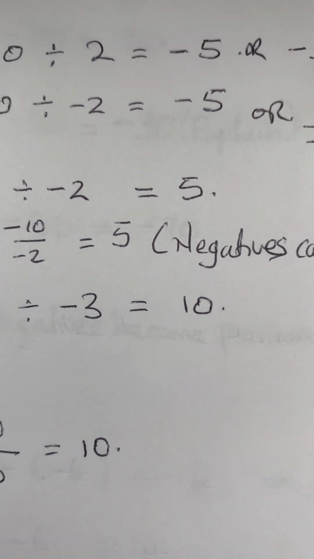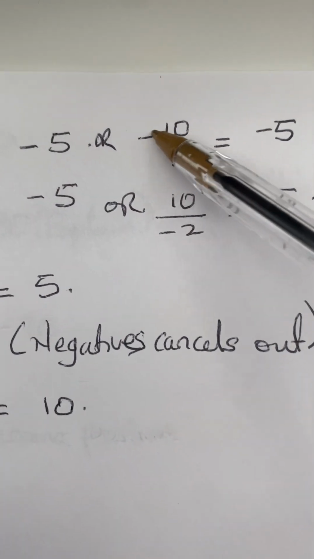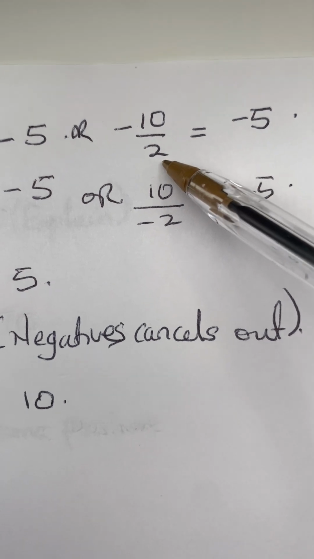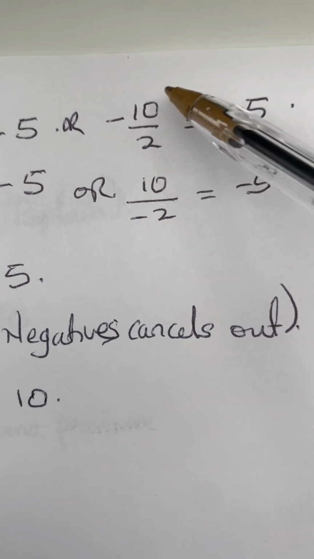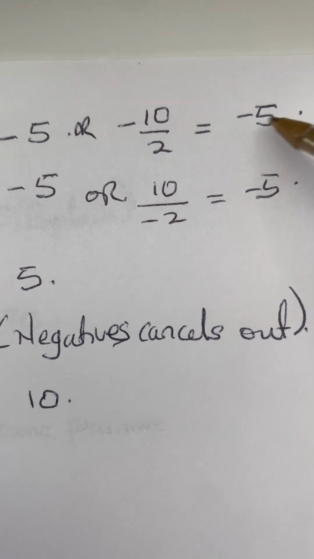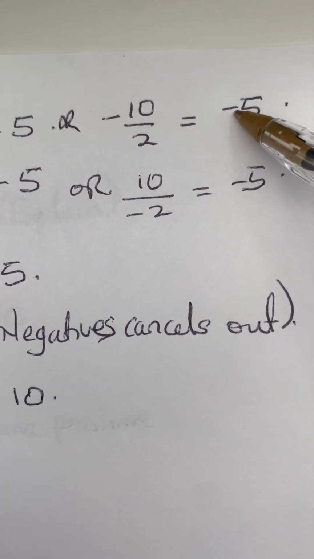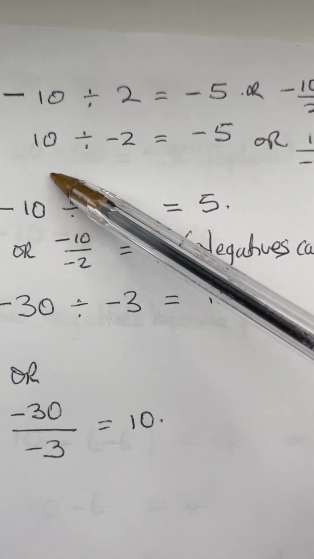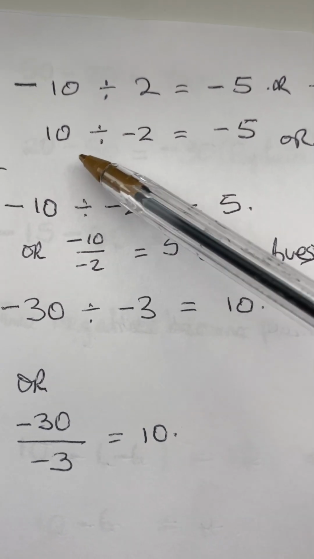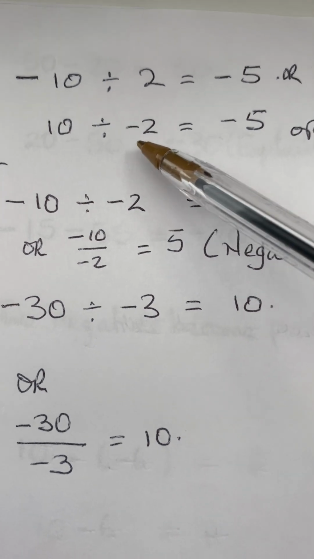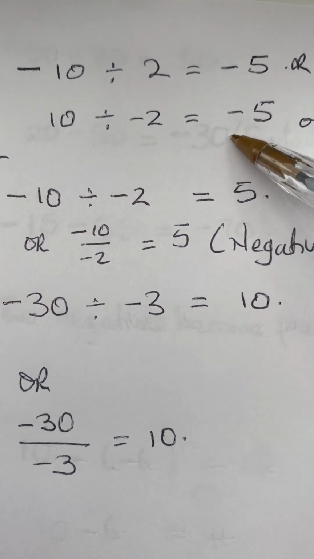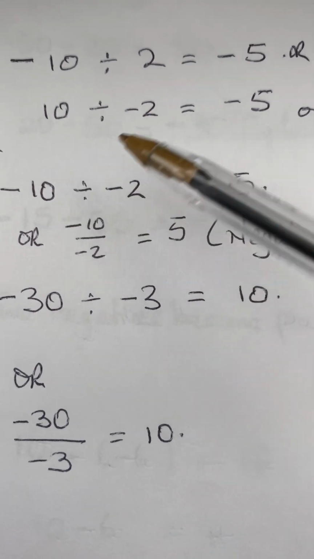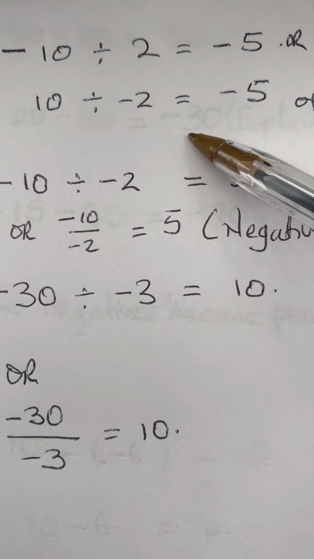So we did fractions, so what it means is minus 10 divided by 2. So 10 divided by 2 is 5, so you bring the minus sign. Minus 10 divided by minus 2 is also minus 5. With 1 negative number, the answer is negative.